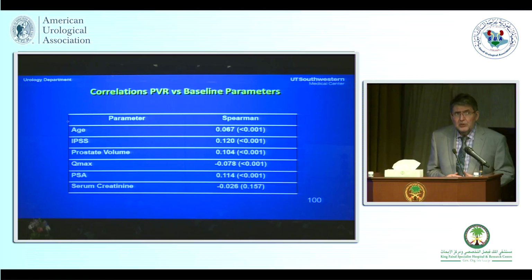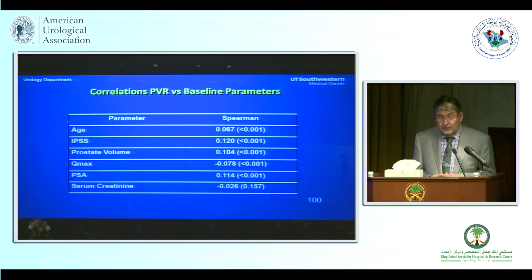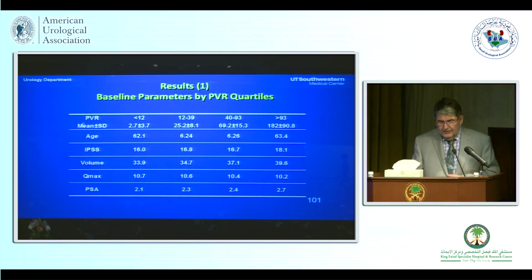I looked at the residual urine in the MTOPS trial a little bit in greater detail, and I noted that the baseline residual urine did not correlate strongly with age, symptom score, prostate volume, peak flow rate, or PSA. And then I asked the question, what are the quartiles of baseline residual urine? Well, these were the quartiles. There was a quarter of men who had a residual urine of 100 or greater, and the other three quartiles had either negligible, 10 to 40, or 40 to 100, right?